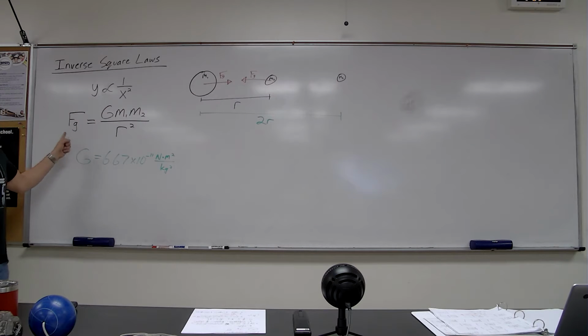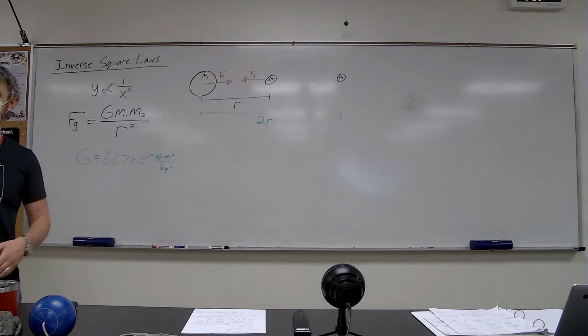What do you think is going to happen to the force if I double the distance? Is it going to quadruple? It'll get four times as weak. Yeah, it'll be 4 times weaker, right? Yes. Or it will be 1/4 as much, right?